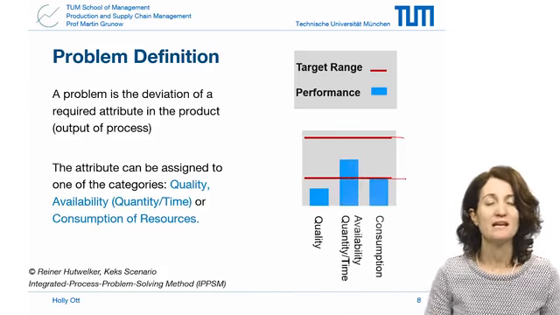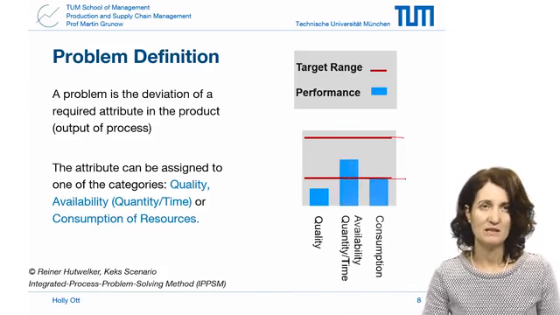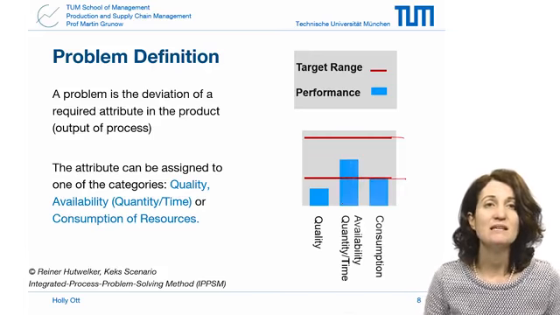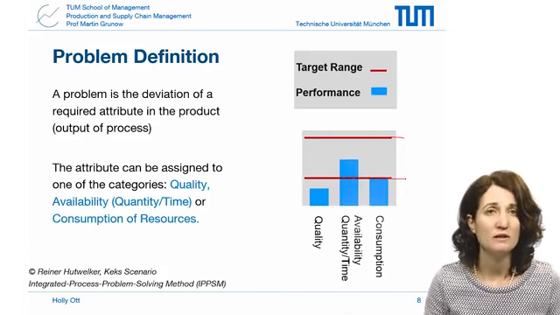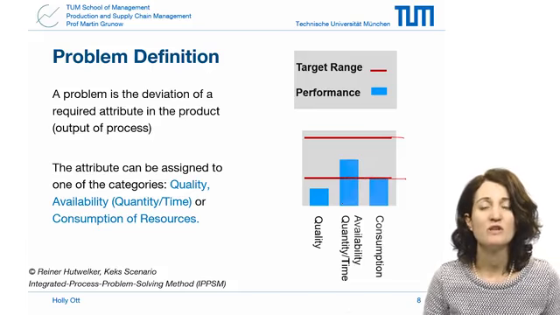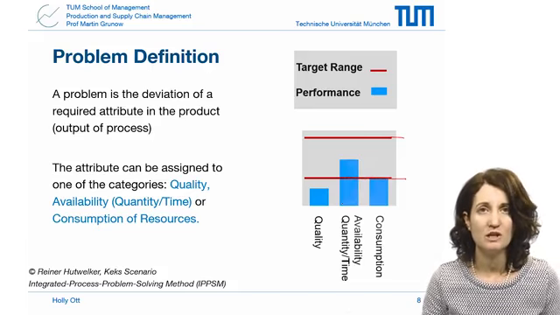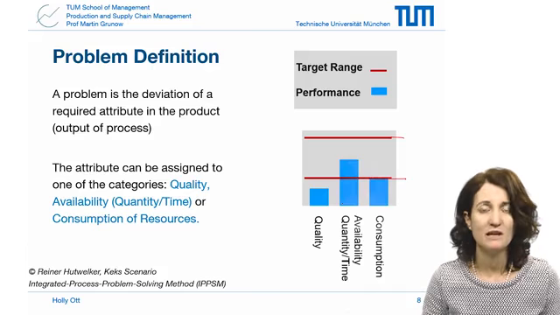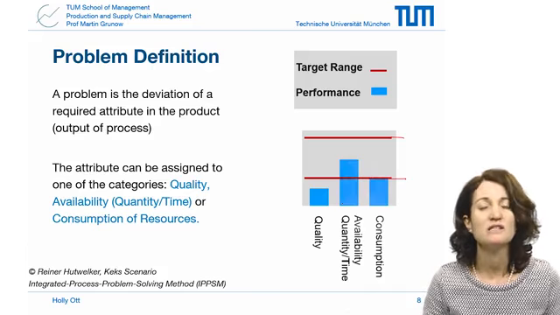Is it meeting the characteristics that our customers require in terms of quality? Is it available in the right quantity at the right time? And does it consume the resources in such a way so that our product and service can be created, produced in a competitive manner and not consume too much?